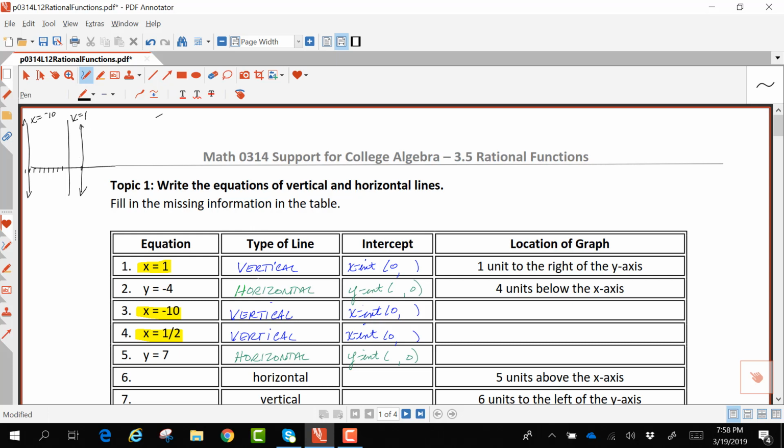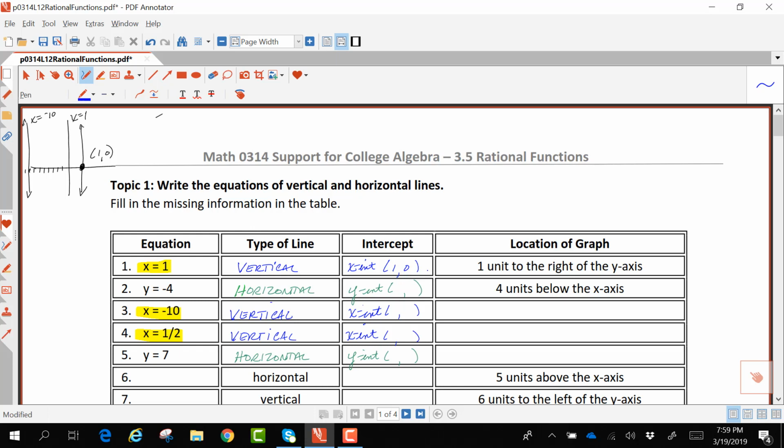Now note that every vertical line has an x-intercept, which is this point where it crosses the x-axis. So x equaling 1 has an x-intercept at 1, 0. So this would be in blue, 1, 0 as its x-intercept.